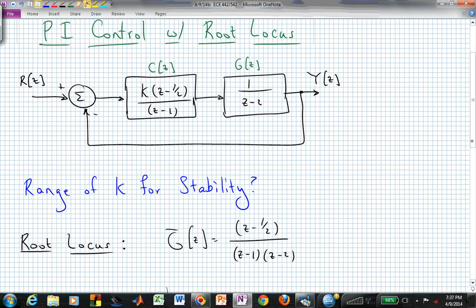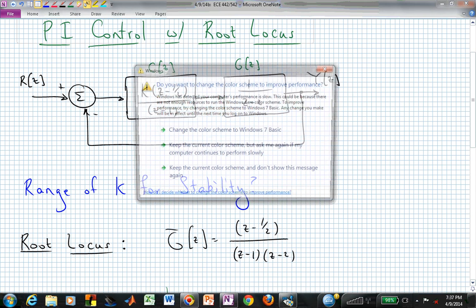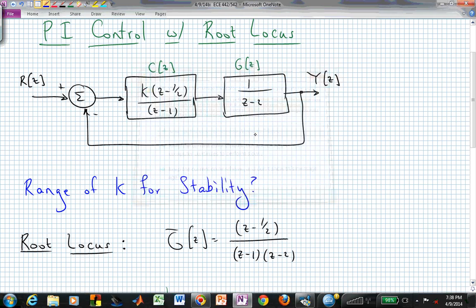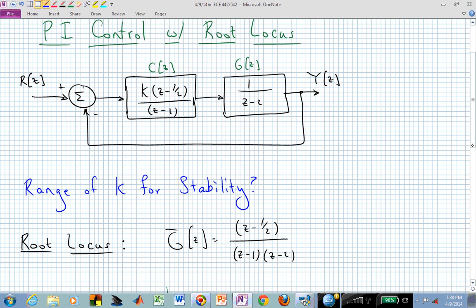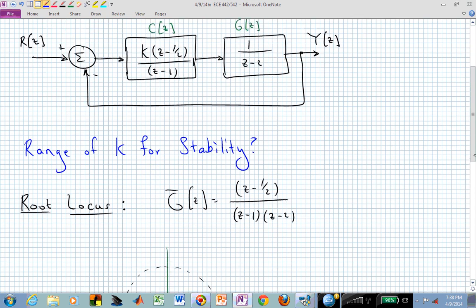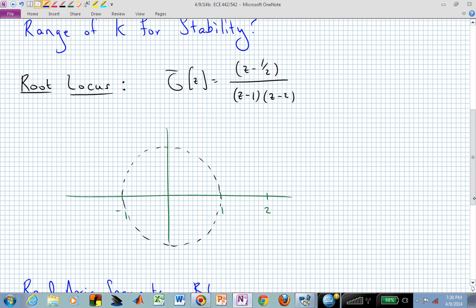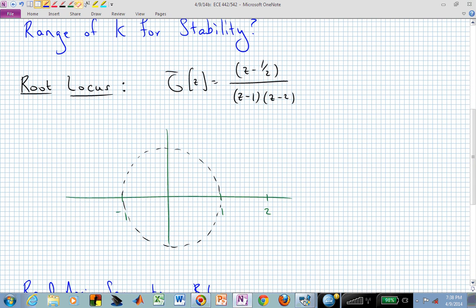In this particular problem, then, we can identify the generic transfer function that we want to be sketching the root locus for, and anytime we say locus, then that's telling us that we are playing this game and we need to identify the poles and zeros on our z-plane plot.